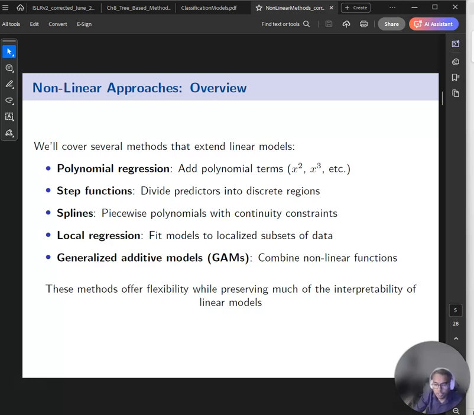Finally, we will explore generalized additive models, or GAMs for short, which combine multiple nonlinear functions into a single model. GAMs provide a powerful framework that preserves much of the interpretability of linear models while accommodating nonlinear relationships. What's beautiful about these approaches is that they offer flexibility while preserving much of the ease of interpretation that we value in linear models. Each has its strengths and appropriate use cases, and we will explore each of them in depth throughout this video.